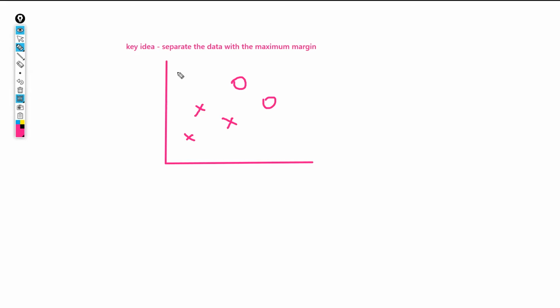Let's suppose I have a line like this. What we are going to do is find the distance between this point and this line. So we are going to find this distance, this distance, this distance, and this distance. Our main aim is to maximize the minimum distance.